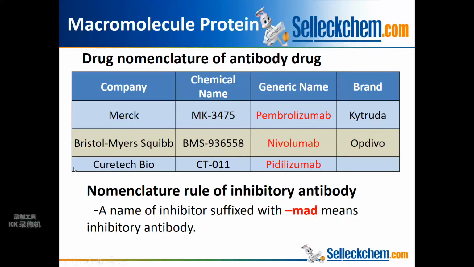Merck developed a PD-1 inhibitory antibody. In laboratory process, its name is MK3475. In clinical stage, its name is pembrolizumab. In market, its brand is Keytruda.